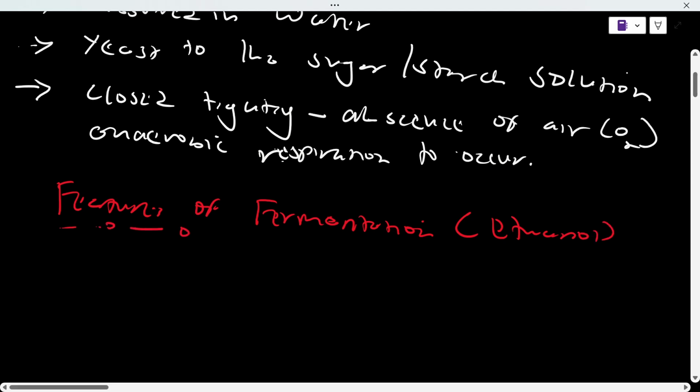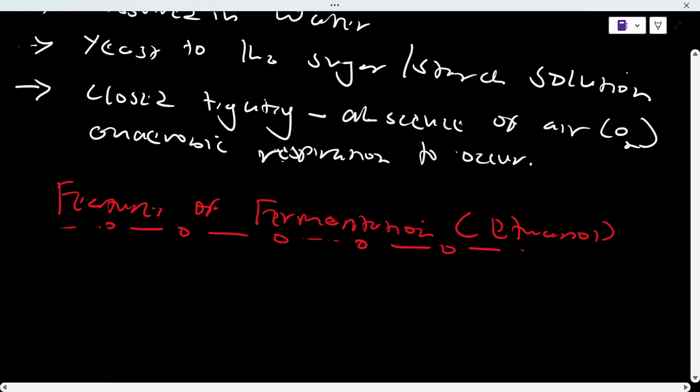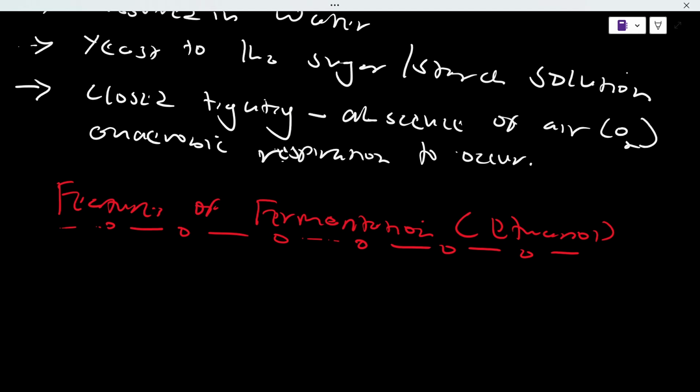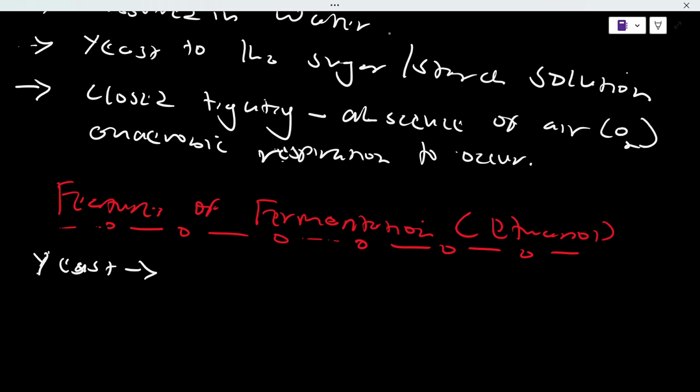The key things that as a student or an examiner, you really need to know. And the first key thing that you really need to know is what is the role of yeast in that given system. Yeast here acts as a biological catalyst.